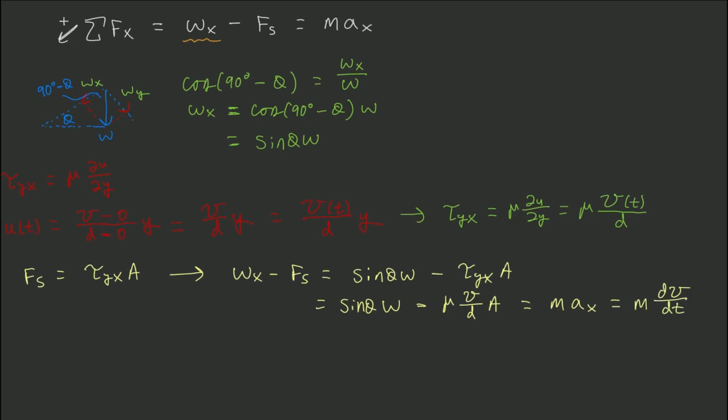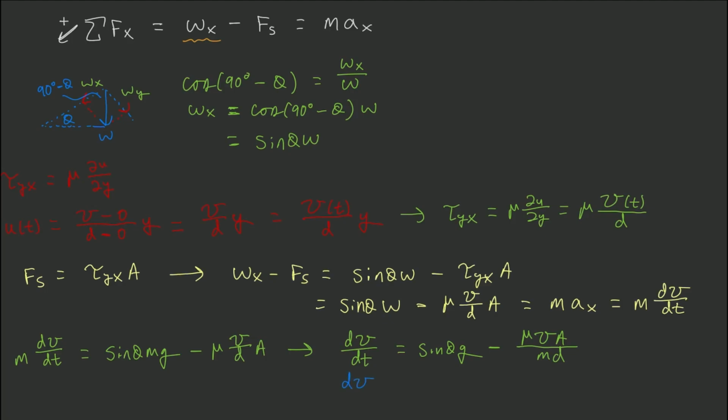Okay, cool. So our almost final expression is m du dt equals sine theta mg. We'll just break down our weight into mass times the magnitude of acceleration due to gravity, minus mu u over d times A. Divide out by m, and we'll now express this differential equation in first order linear differential equation form, which gives us the perspective we need to implement our theoretical solution methods.